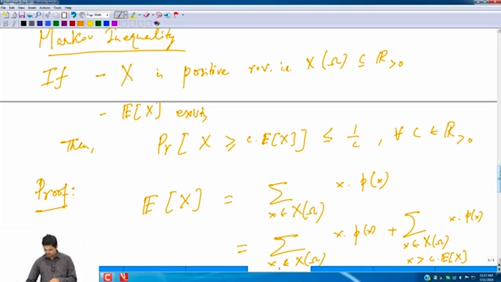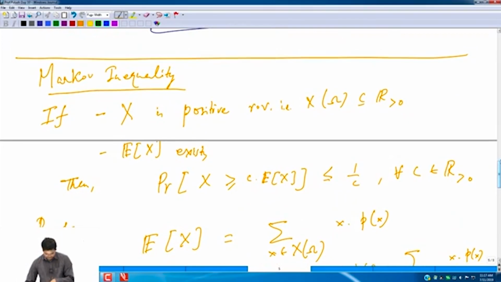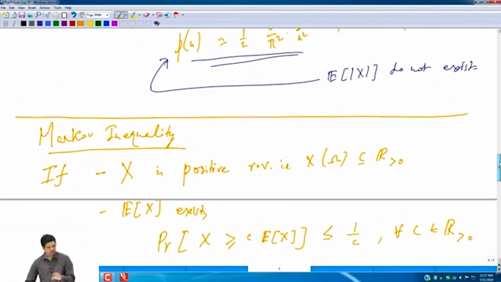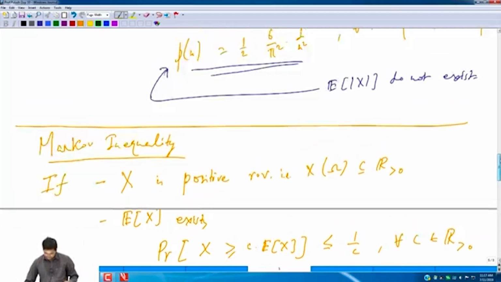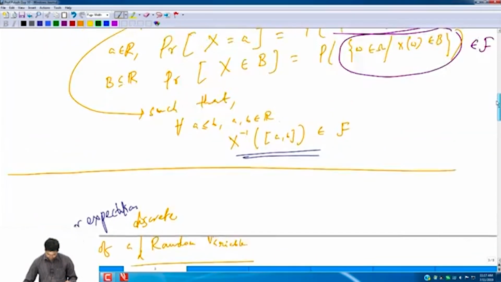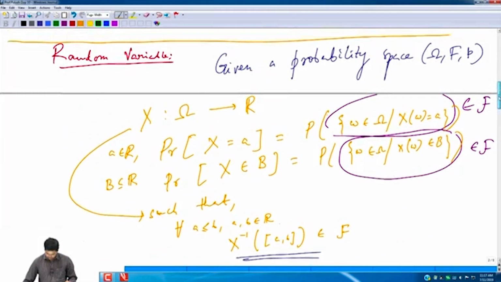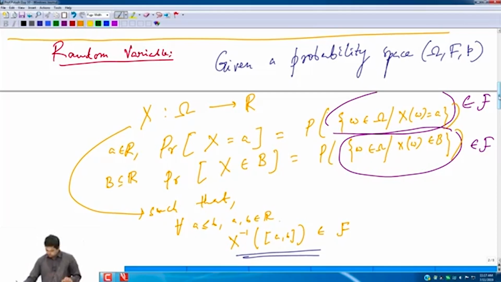Her question is, let me reiterate the question. I am writing P of x, where x is a real number, whereas this P is defined on events. And here is the mapping.